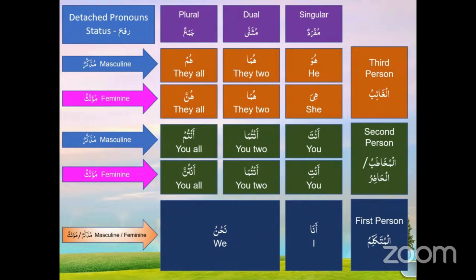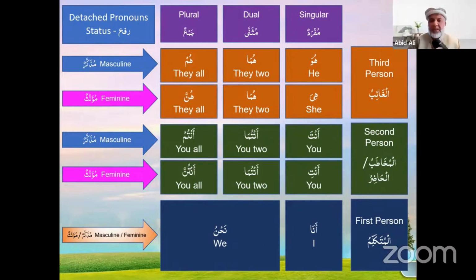Make sense? Okay. So before we move forward, this is extremely important that we know this chart by heart. It's a very simple chart, and the information you need to know is all on one page. We need to know what the third person means, what the second person means, and what the first person means. Since we know English and our mother tongue, we know that these exist in every language.